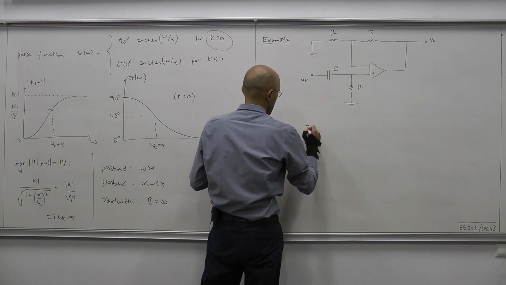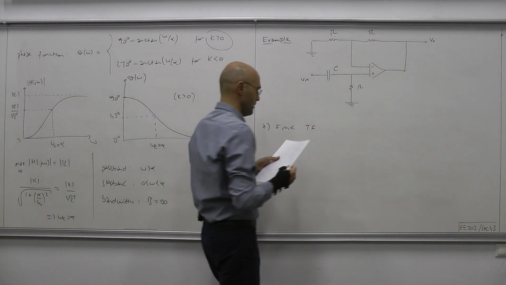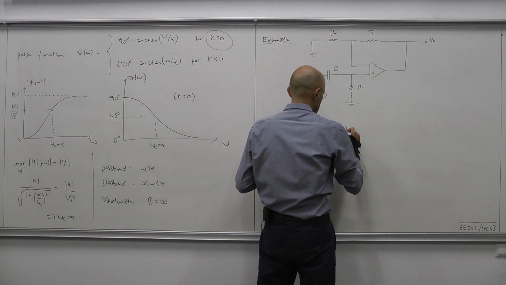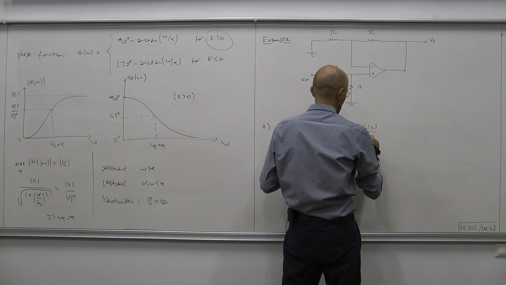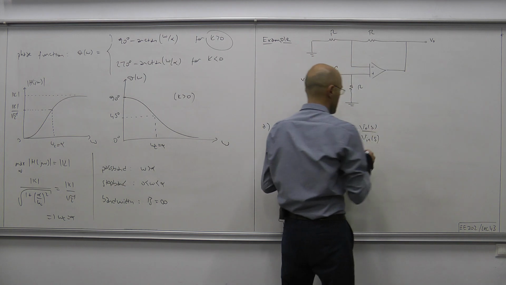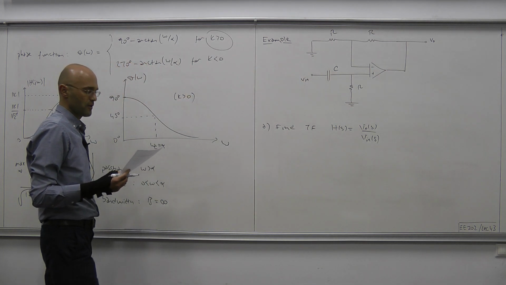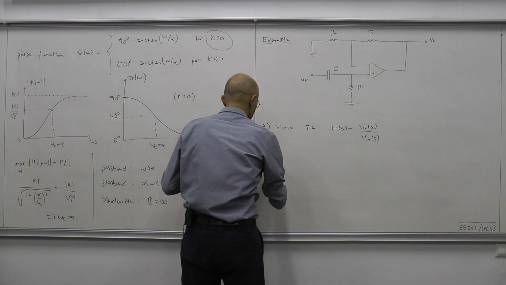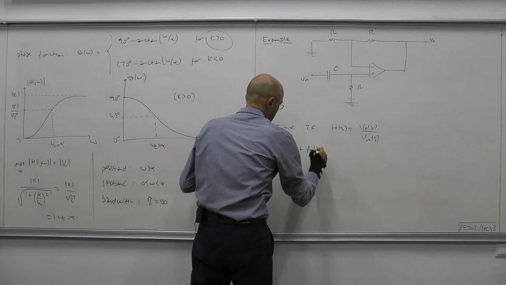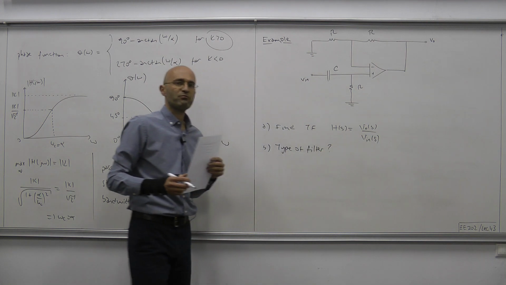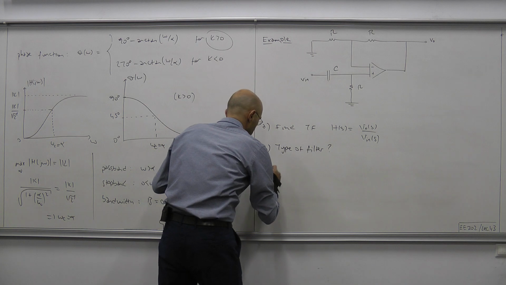Find the transfer function of this filter, H of S, which is V out of S over V in of S. And by looking at the transfer function, determine the type of the filter, low pass or high pass, and figure out the passband gain.